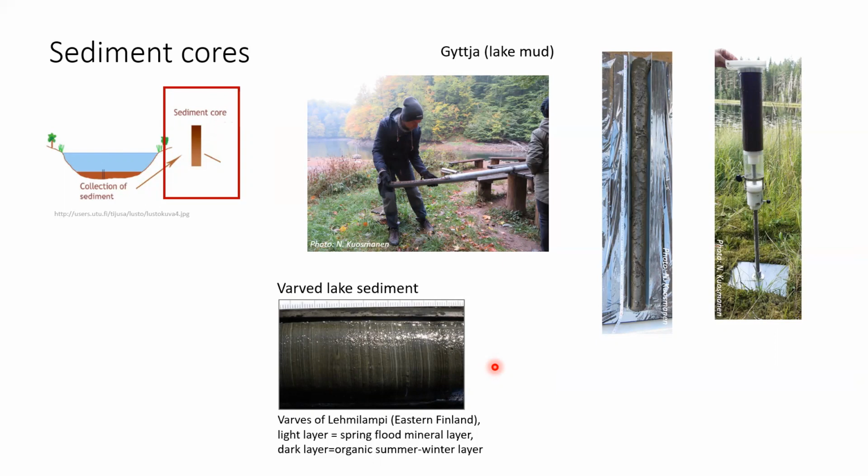Usually during spring flood time, there is a lighter layer when more sediment is coming to the lake, and then there are dark layers that are usually summer and winter layers, which are more organic when there are more peaceful sedimentation conditions in the lake. So these can be used to get very good resolution of the site.